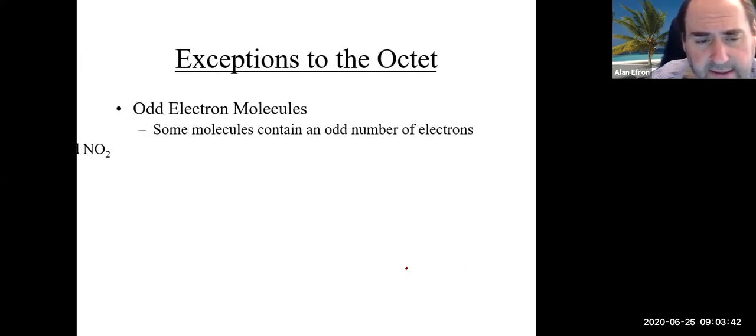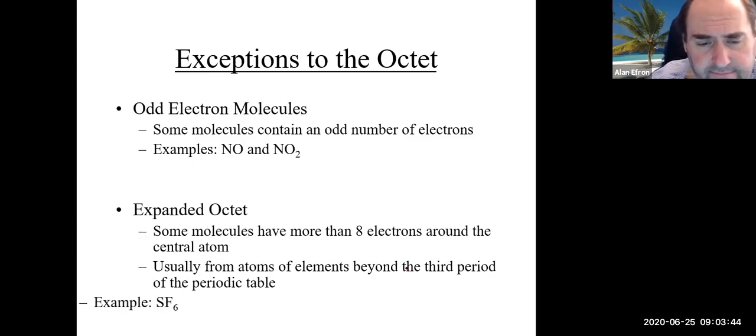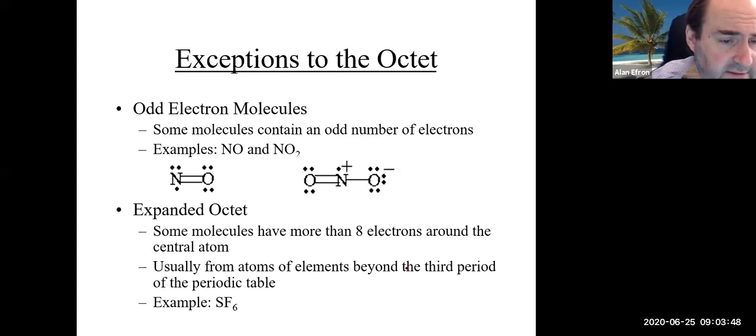Another exception to the octet rule, and there are 2 exceptions. Let's start with this first one, and that's an odd number of electrons. What that means is when we've done our total number of valence electrons, when we go to draw our Lewis structures, we usually end up with a nice number where everybody pairs off.